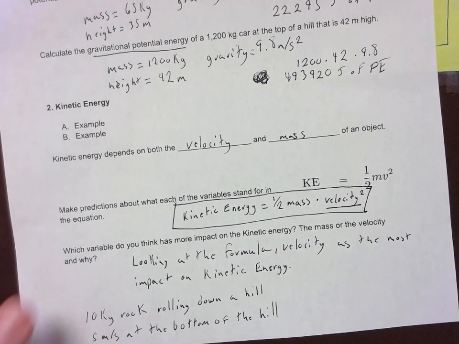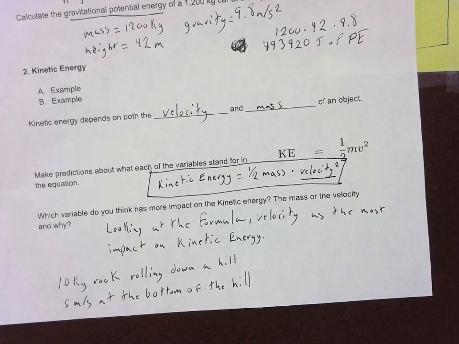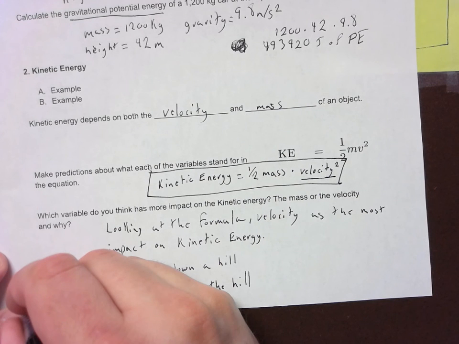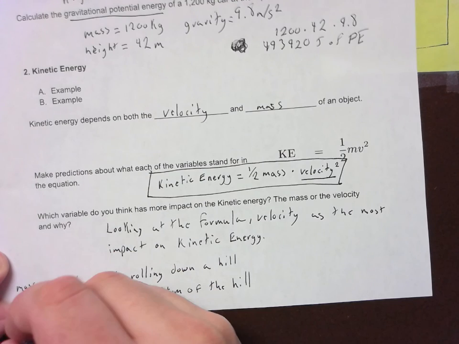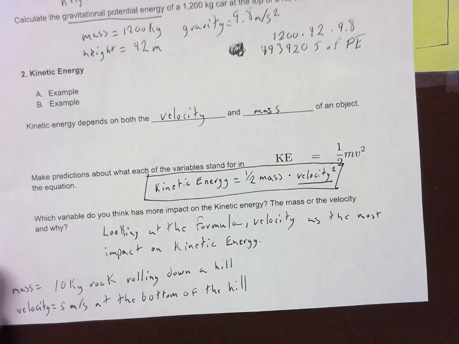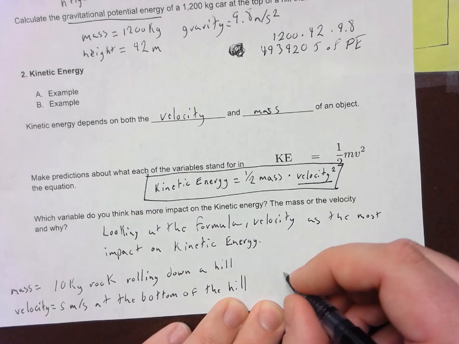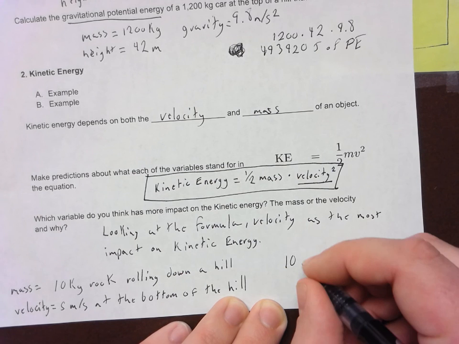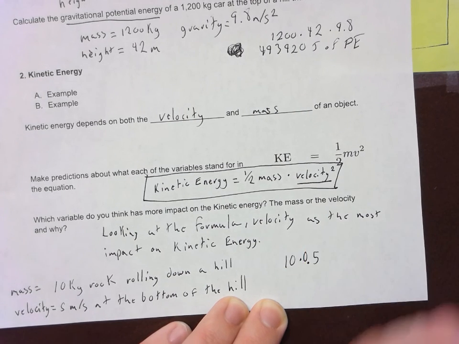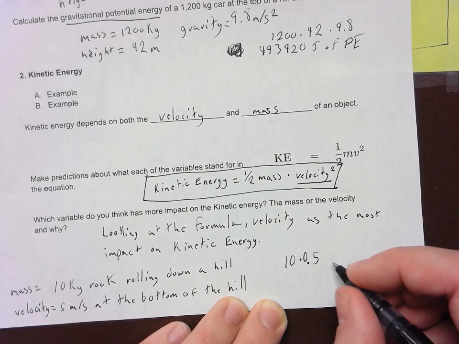So given that we have our mass, we have our velocity, what we do is we take our 10 times 0.5, so let's put a 0 in front of there, 0.5 times 5 squared.